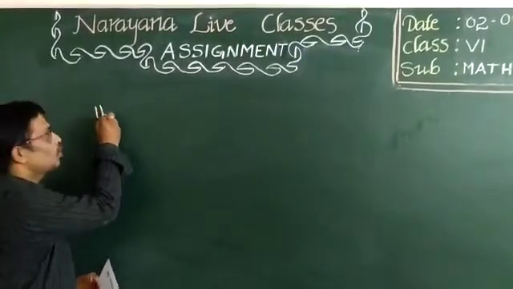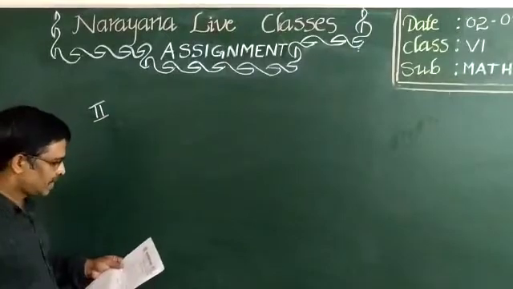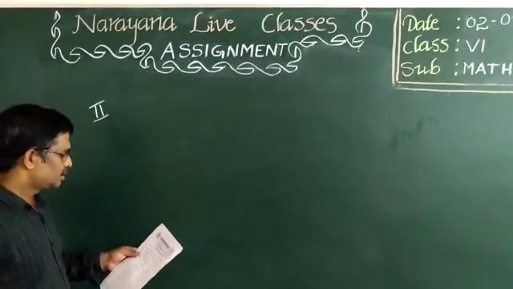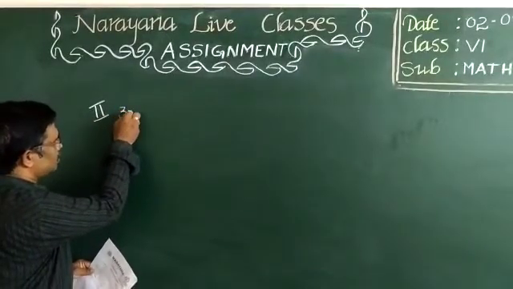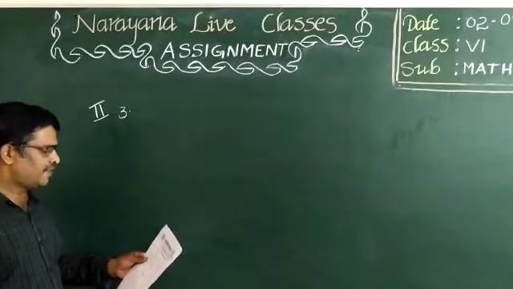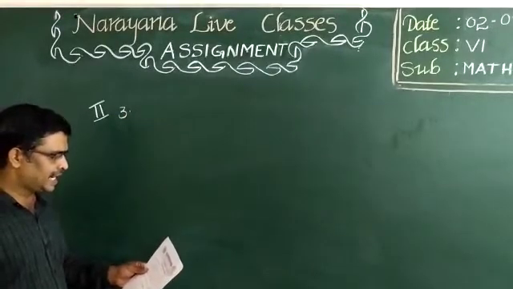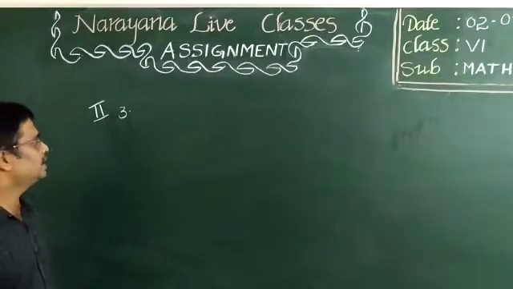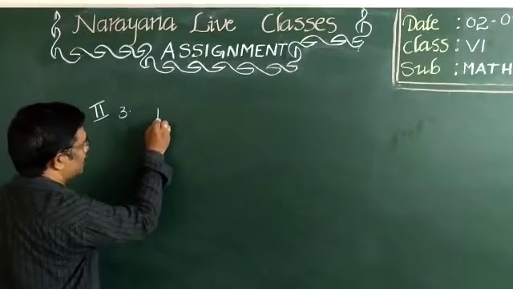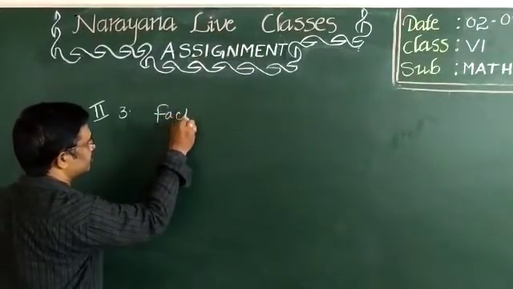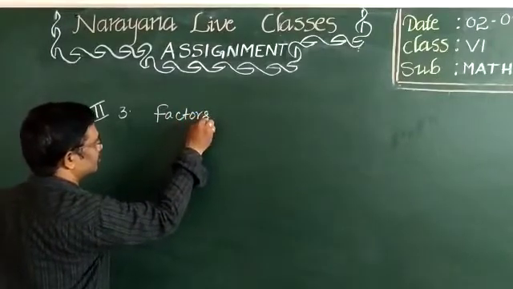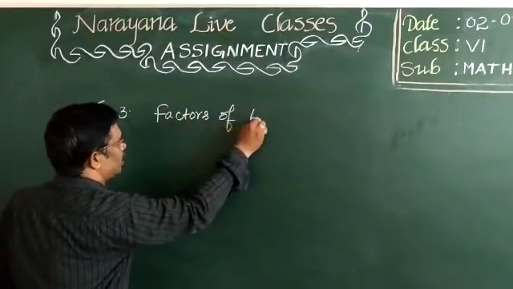Now in the second Roman, they have given two more questions. Third question: write all the factors of 48 and write the smallest factor of 48.